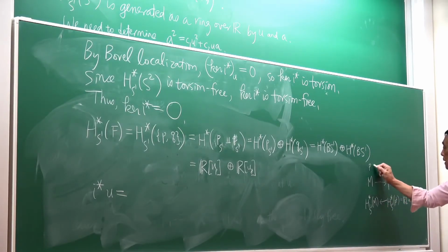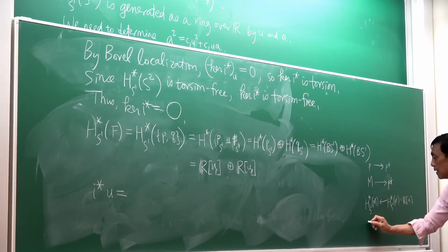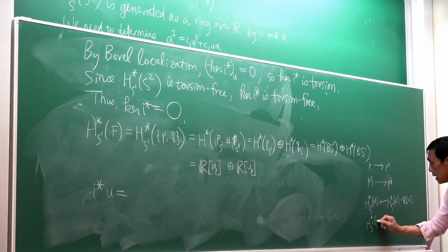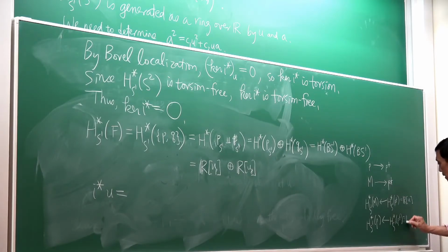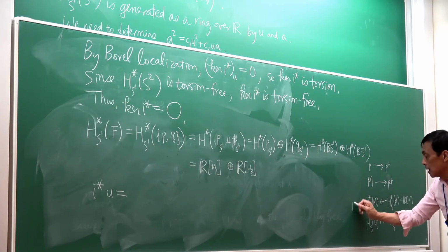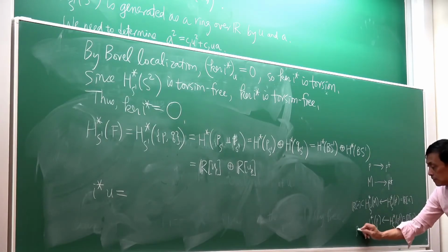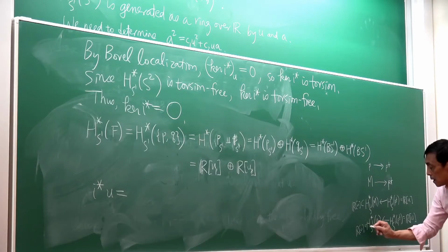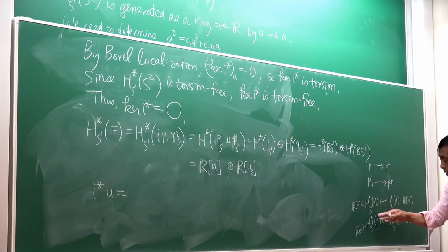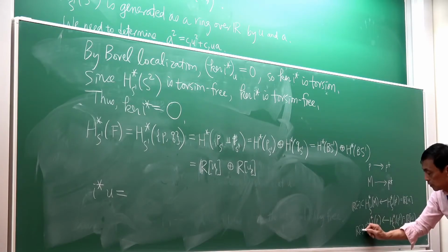Now, if you have a point P, that also maps to the point, and then this map also induces a map from R of U. So we usually call the U here by the same U, but in order to distinguish these different cohomology groups, I call this PU, right?